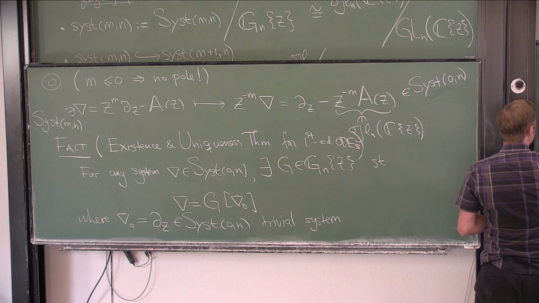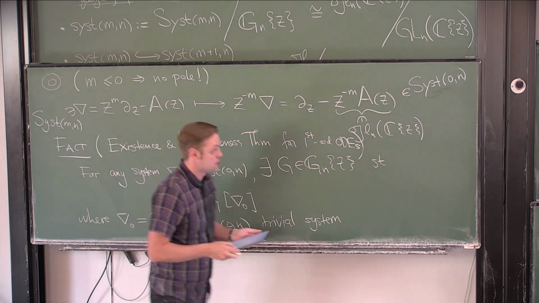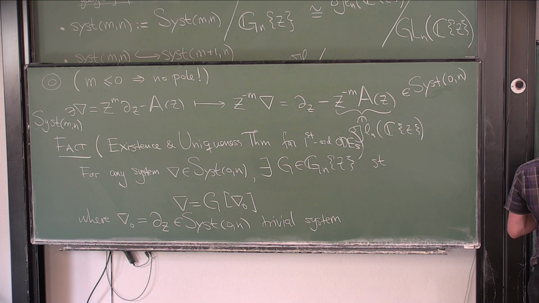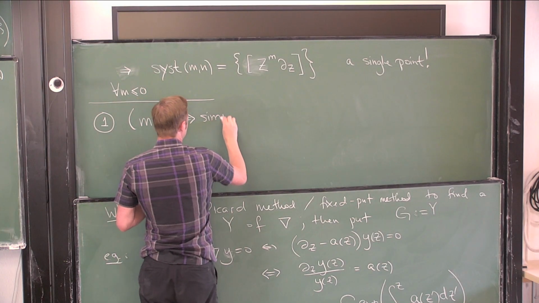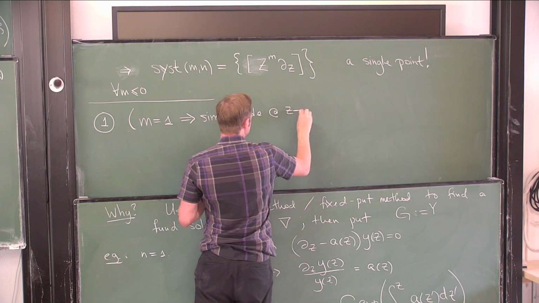Okay, let's study the next case. This is the first interesting case, m equals 1. That means our system has a simple pole at z equal to 0.